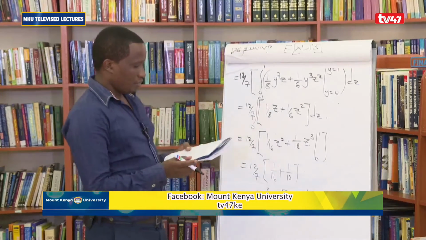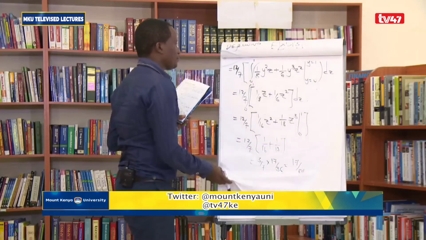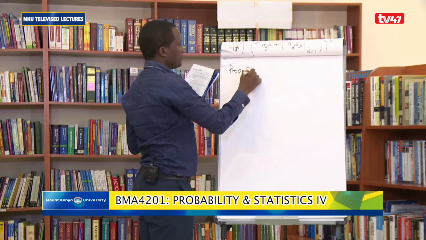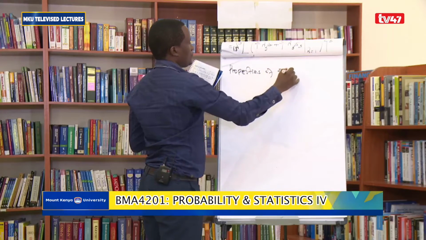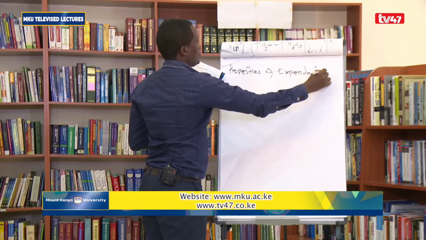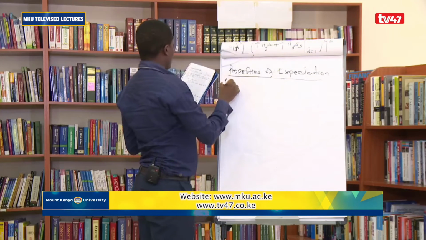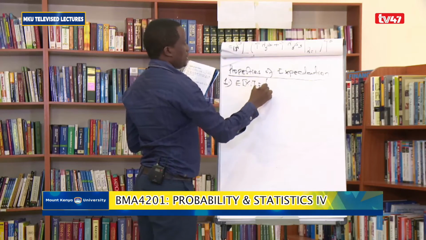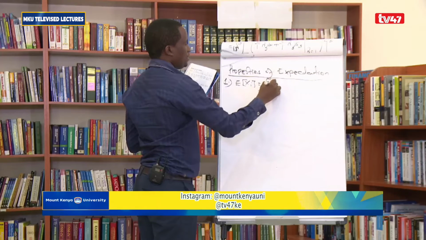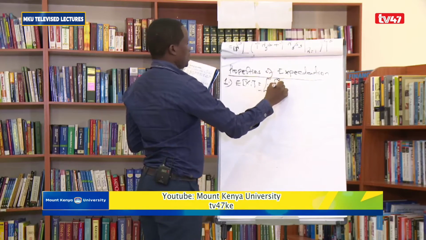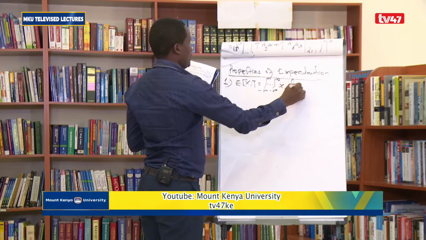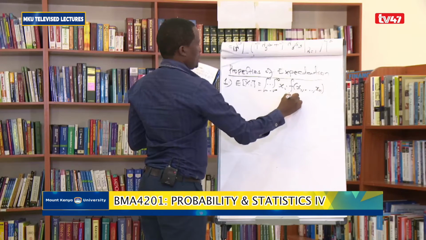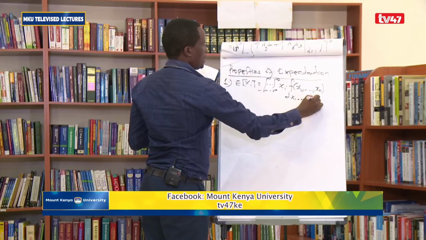We consider some properties of expectation. Property number 1: expected of xi is equal to the integral from negative infinity to infinity, all the way to negative infinity to infinity, of xi f of x1 all the way to xn, dx1 all the way to dxn.